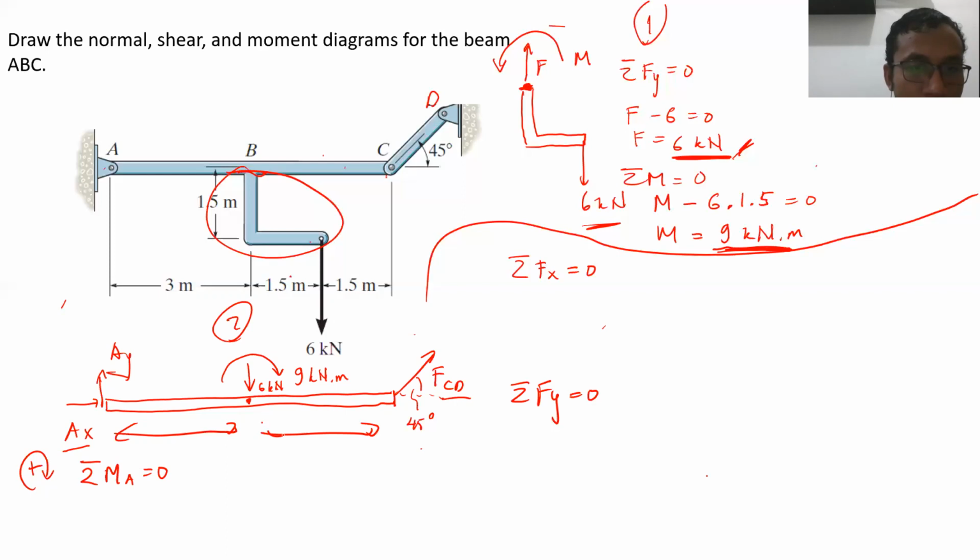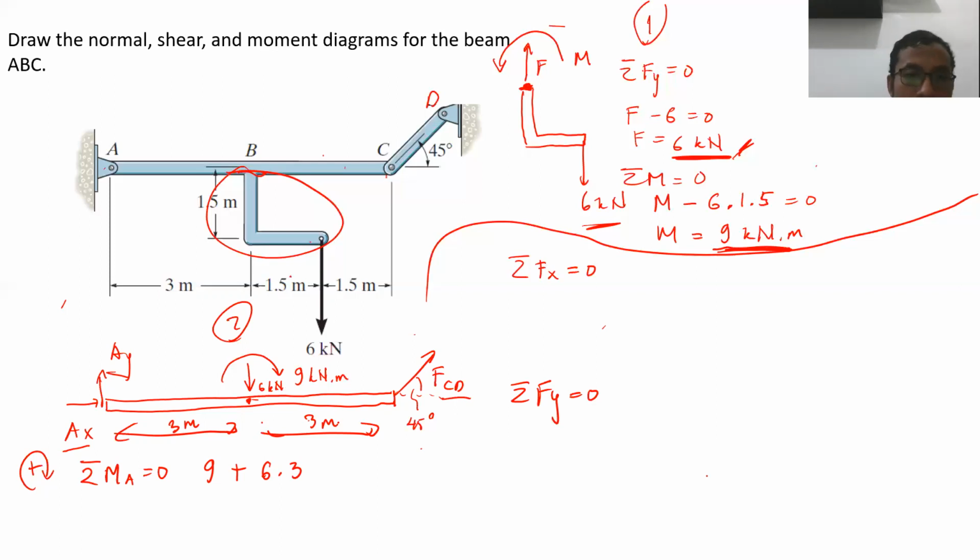If clockwise is positive, I will have 9 plus 9 kilonewton meter from this one, plus 6 kilonewton multiplied by 3 meters from this one. The distance here is 3 meters, and the distance here is another 3 meters.